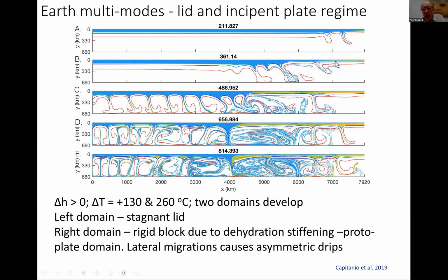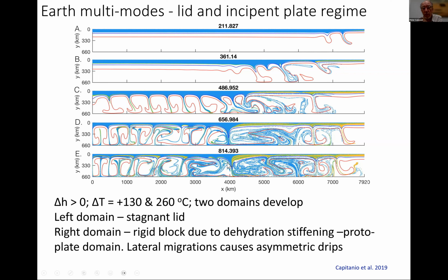And so that migrated laterally by that process. Because of that lateral migration, you started to consume some of this material here, not necessarily by subduction. They were more drips, but they were drips that had a dip, if you know what I mean.